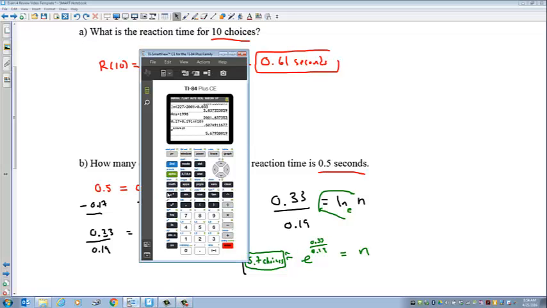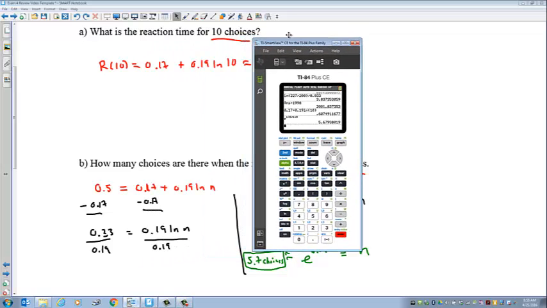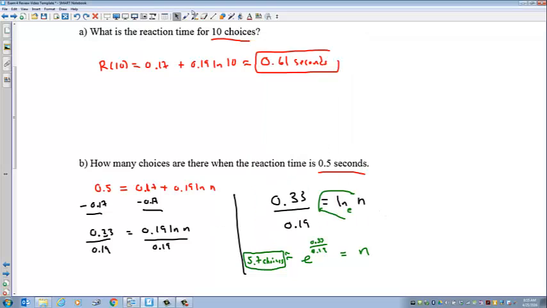The way you check your answer on this one is you'd want to do 0.17, you don't want to plug it back into here, and then plus 0.19, and take the ln of that answer, so second answer, in parentheses. And if we get back 0.5, we did it right, which we did. So I know it's right, so I can just check this one off.